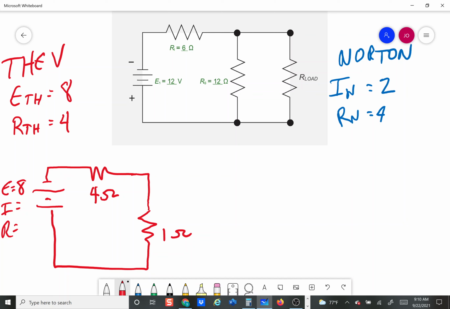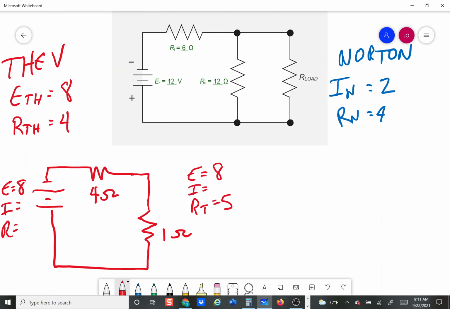So if I have a 1 ohm resistor in series with my 4 ohm resistor, I will have a source voltage of 8, and my R total is going to be 5.